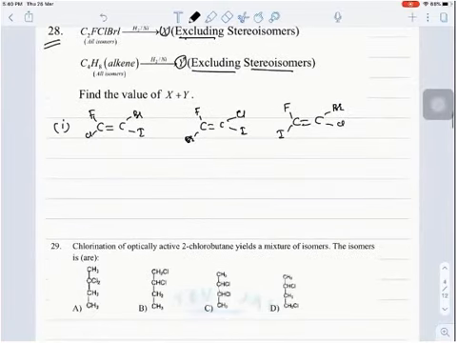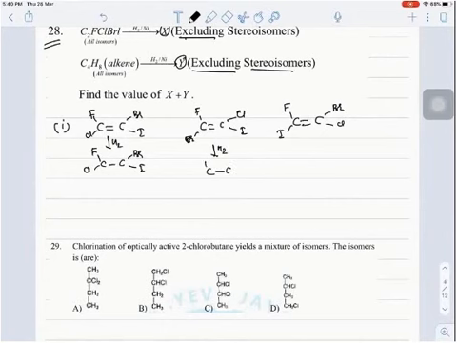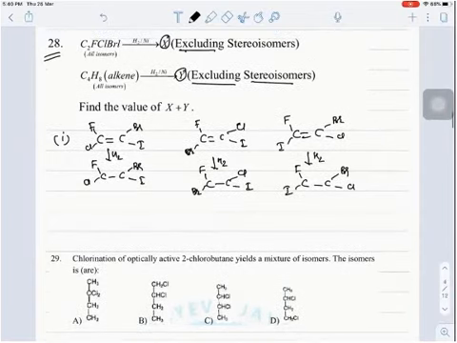On hydrogenation, these will give the corresponding products, CCF, Br, Cl and so on. They can exhibit stereoisomers, but only the structures we need to count. So 3 products are formed.